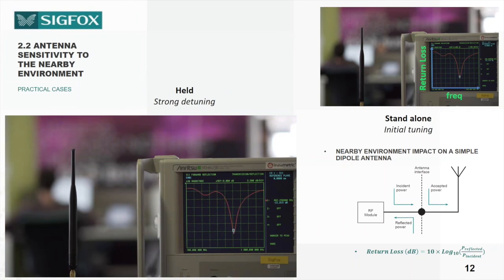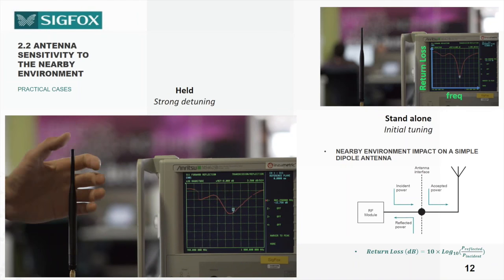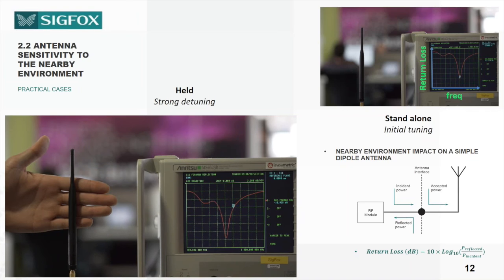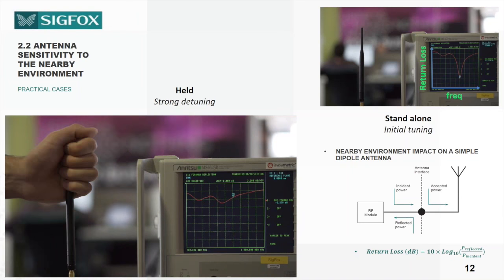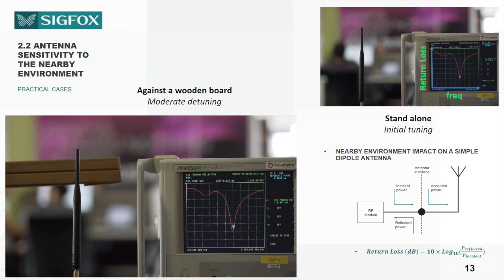Now let's look at what happens when we hold this dipole. We see basically the same behavior, a huge detuning of the antenna, and you don't actually need to touch the dipole or the antenna. You just need to be close enough to detune it or impact the antenna performances. Now let's take a third example, a small wooden board, and you will see that you also have an impact from a wooden board.